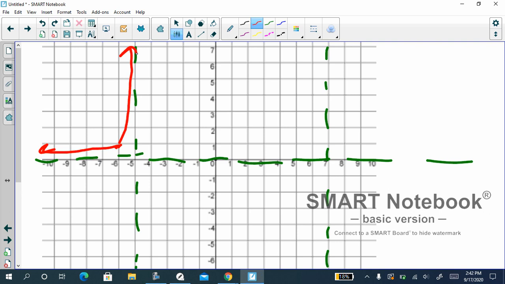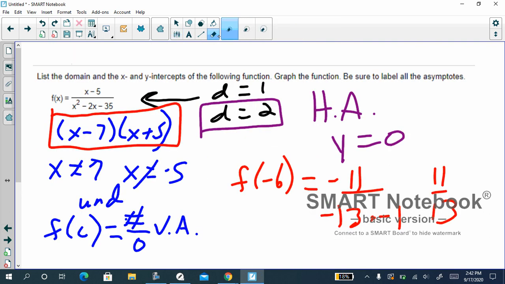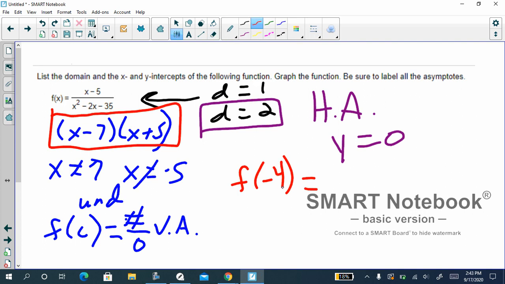Now let's check the other side of that vertical fence. So let's plug in a -4. If we plug a -4 in to our function, -4 minus 5 makes a -9 on top.